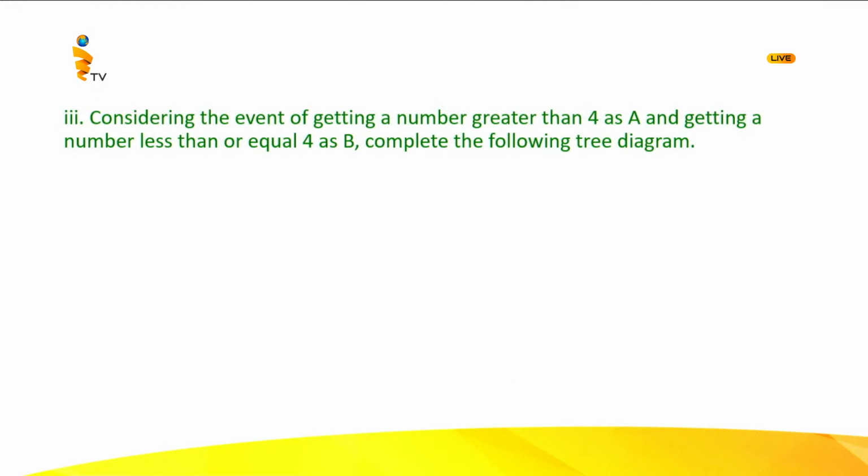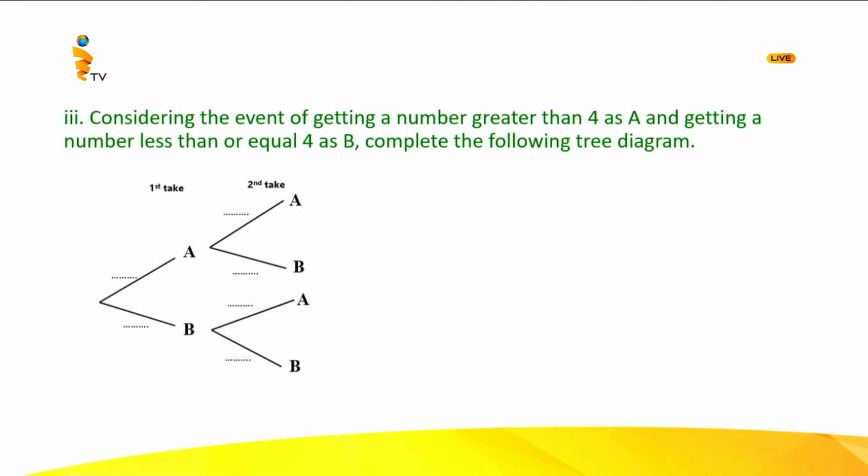Now, the third part: considering the event of getting a number greater than 4 as A and getting a number less than or equal to 4 as B, complete the following tree diagram. So, this is the incomplete tree diagram they have given. There are two events A and B, and A is the event of getting a number greater than 4.